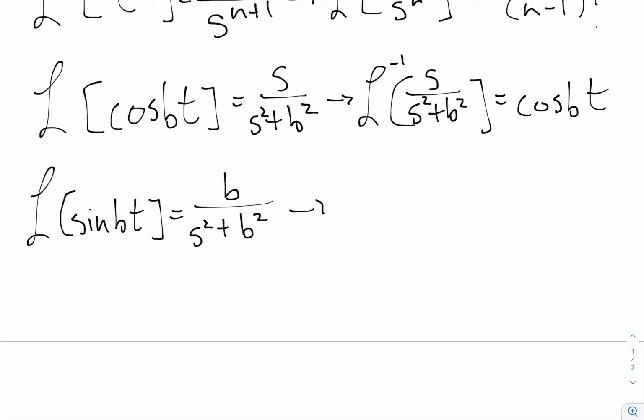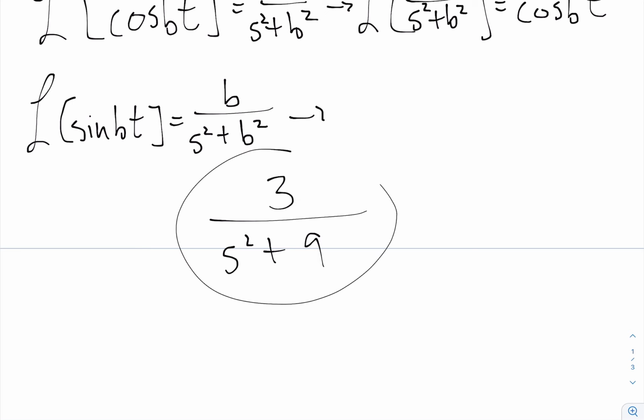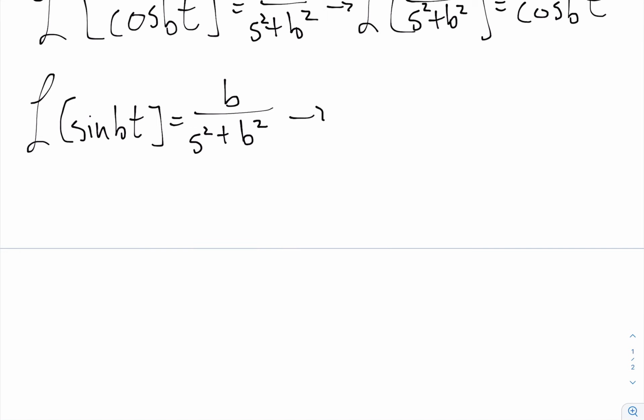So what we do is, instead of having b on the top, we just want 1, because it happens all the time where we see a function that's 1 over s squared plus, for example, 9. In that case, b would be 3. But you don't see it all the time where the top is just the square root of b squared. So you're going to see this a lot less than just 1 over that. So instead of writing the b there, we divide both sides by b.